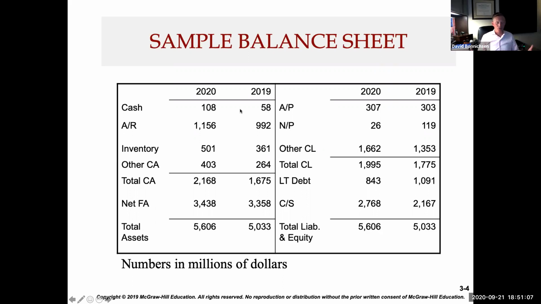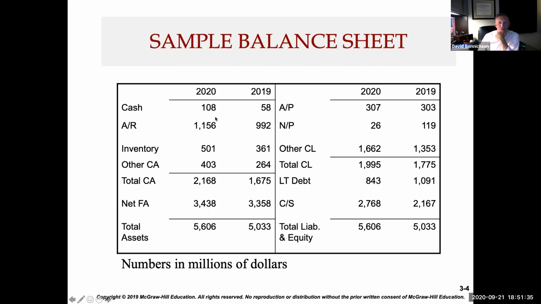Naturally, that's a source of cash. Cash is cash. However, we saw that accounts receivable moved from $992 million to $1,156 million.